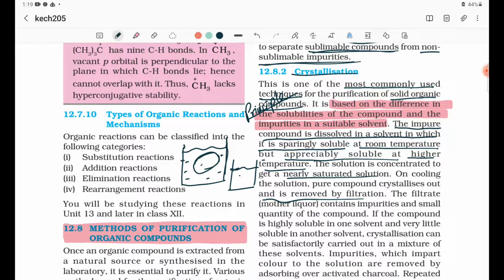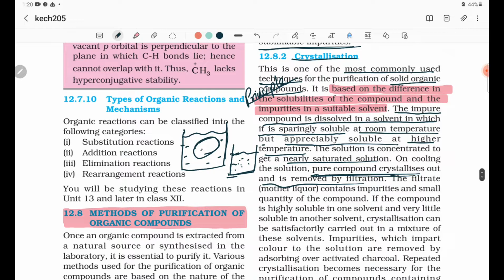When the solvent is at a high temperature, the compound gets dissolved in the solvent to form a solution. Now when I am cooling it, the pure compound will crystallize out, and I will remove the pure compound by filtration.